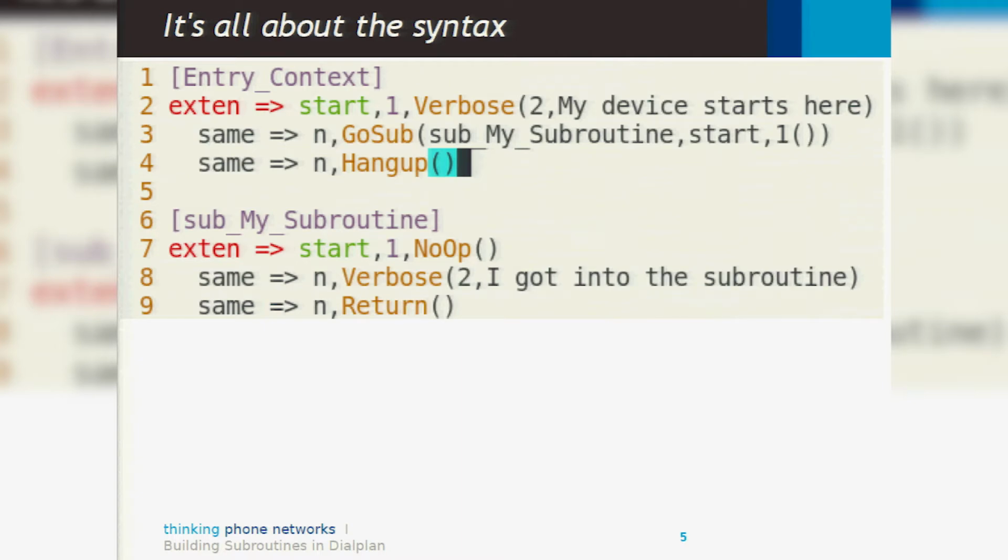So we enter the subroutine, we enter at the start extension, we go to the next line, we run a verbose application, and then we run the return application. That is the next biggest difference between macro and subroutines, is that a subroutine will not return unless you execute the return application.